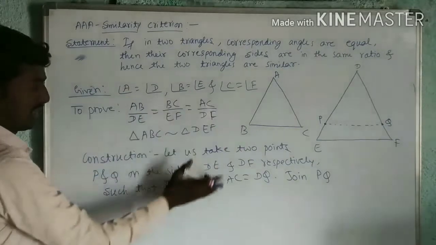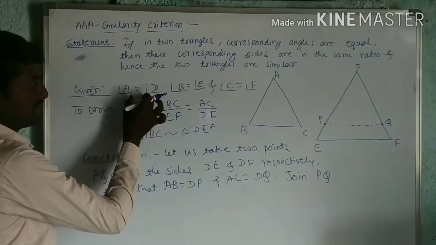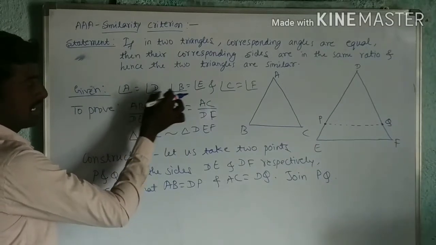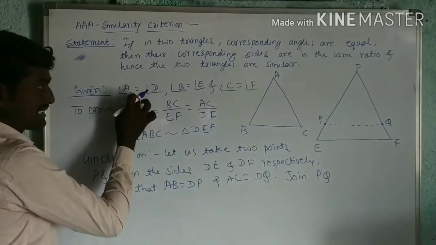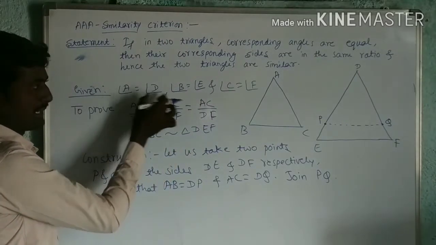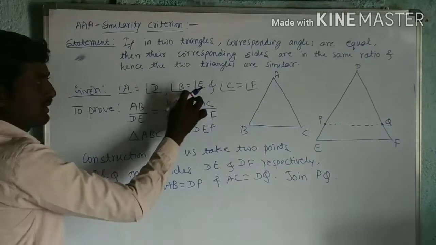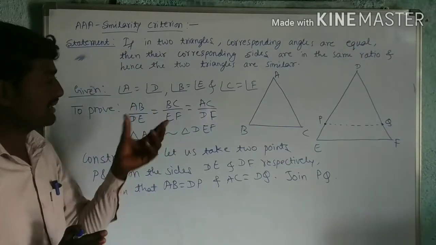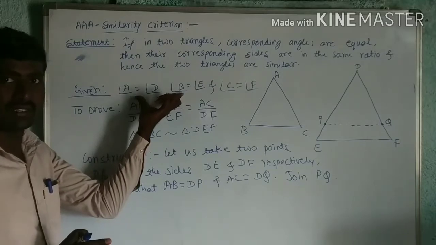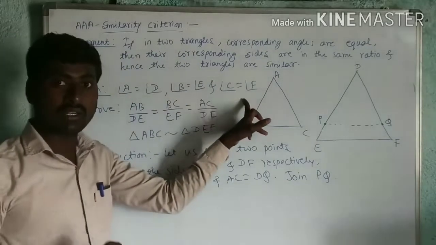Instead of adding here, you can add here only. So given is what? Angle A is equal to angle D, angle B is equal to angle E. By angle sum property, you can write angle C is equal to angle F. If they ask for AA, given is only these 2 angles. Now the third angle is also equal. Why?